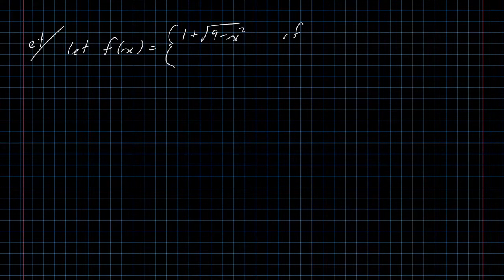But with all of that together, I can get a piecewise defined function here. F of x has two pieces. 1 plus the square root of 9 minus x squared if x is between -3 and 0.